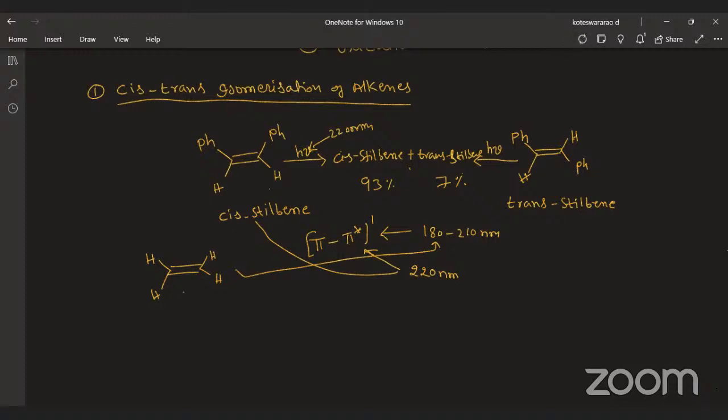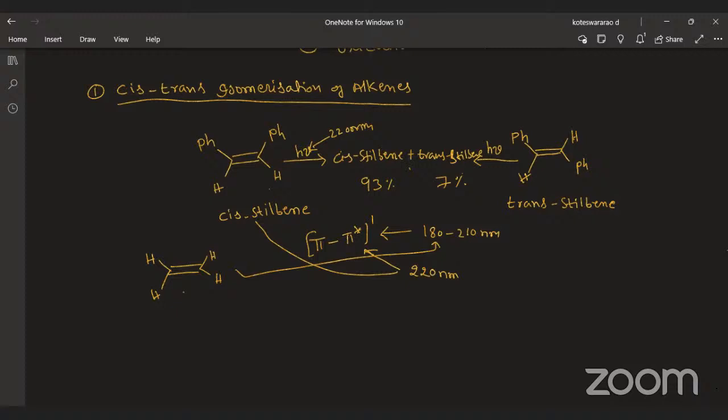When you are using a simple non-conjugated olefin, we need to irradiate the starting material at 180 to 210 nanometers, and under that condition it generates the singlet state.